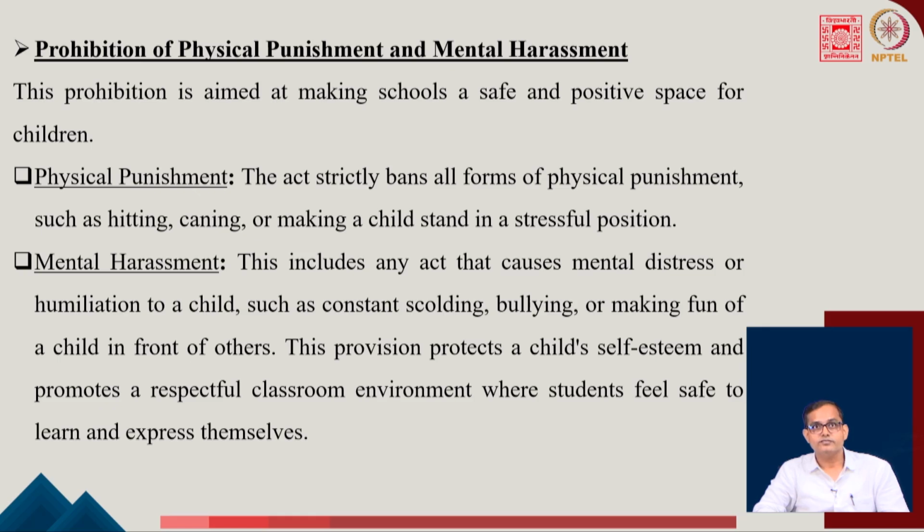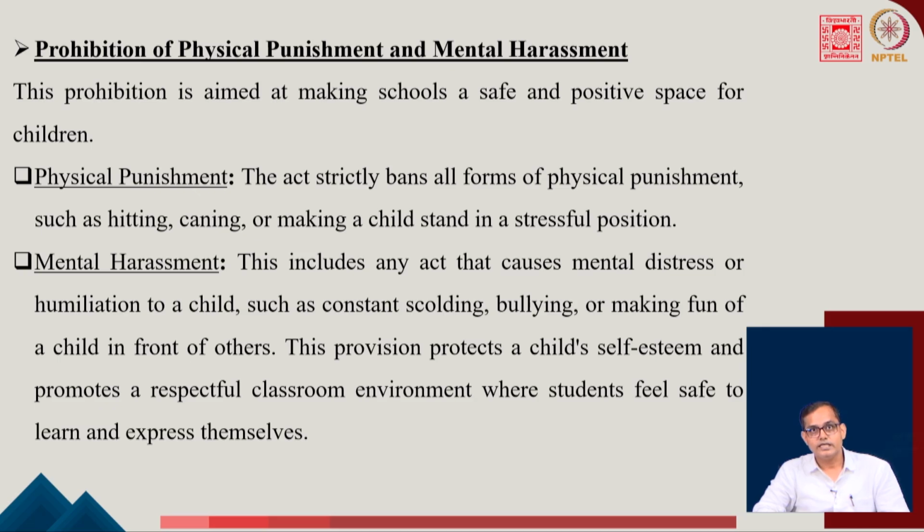Prohibition of physical punishment and mental harassment. This prohibition is aimed at making school a safe and positive space for every child. Physical punishment. The Act strictly bans all forms of physical punishment such as hitting, caning or making a child stand in a stressful position. Mental harassment.